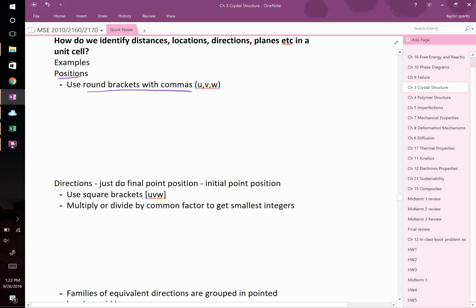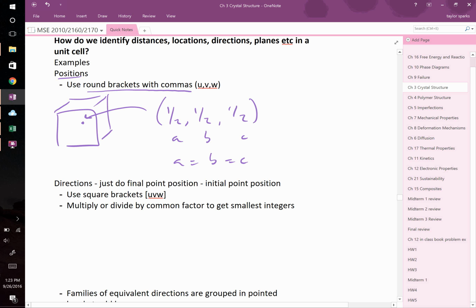So if I'm talking about (1/2, 1/2, 1/2), then I'm talking about an atom at the dead center position of a structure. It doesn't have to be cubic, because this is 1/2 in terms of a, b, and c. If a equals b equals c, then it's cubic, but it doesn't have to be. So these are fractional coordinates in terms of what we call the lattice parameters, okay?